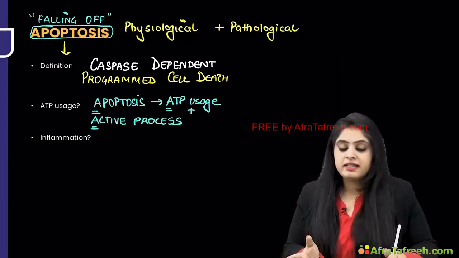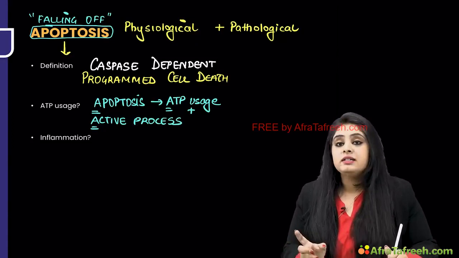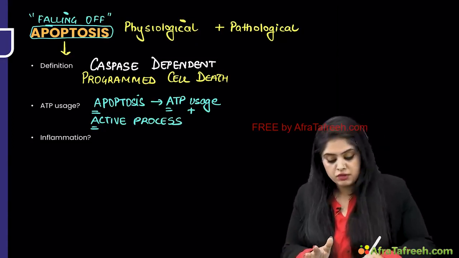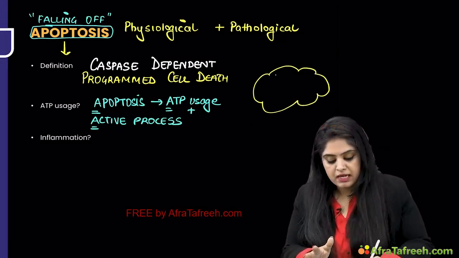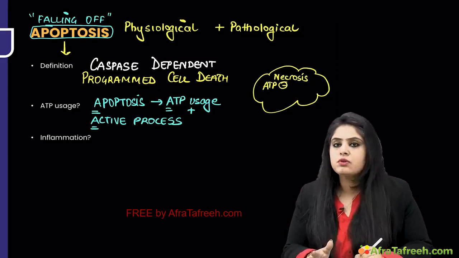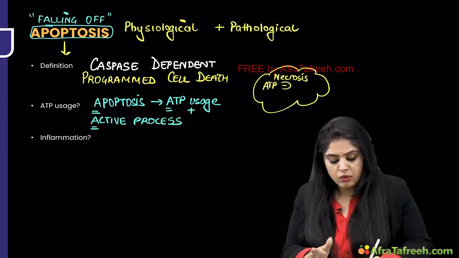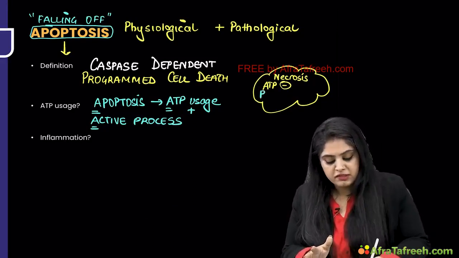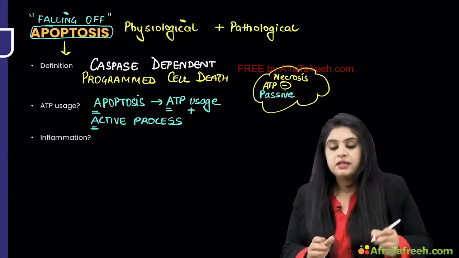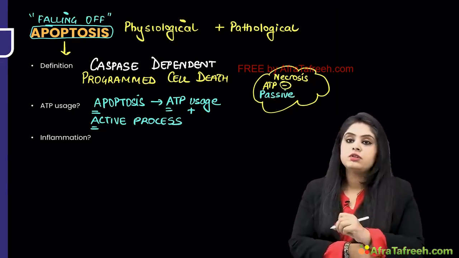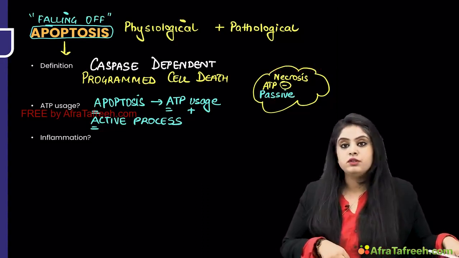Now, please remember, when the ATP will not be used, where do you think that is going to happen? In necrosis, did I mention anything about ATP? Of course not. Nothing about ATP. So do you want to call it active? Again, no, I want to call it a passive process. Necrosis is going to be a passive process because ATP is not used. In apoptosis, ATP is used.